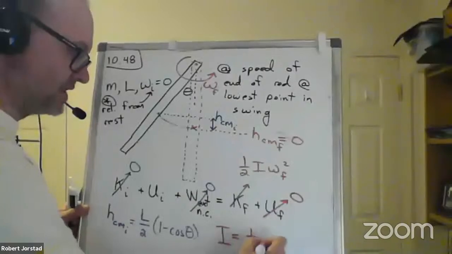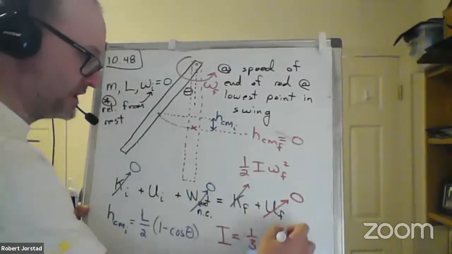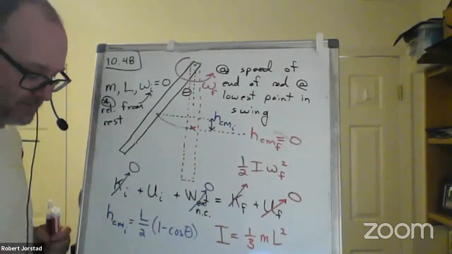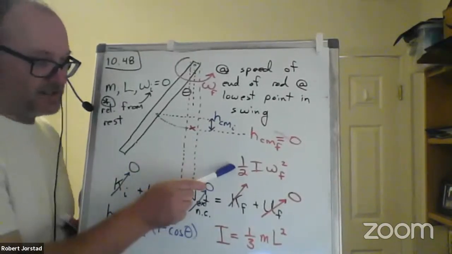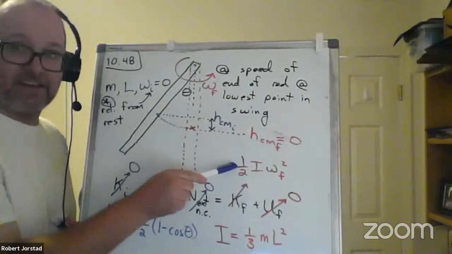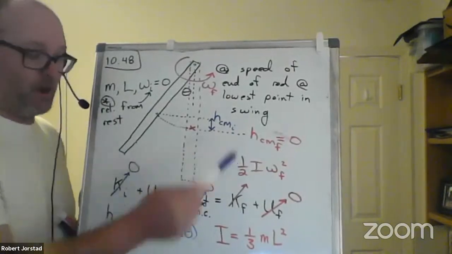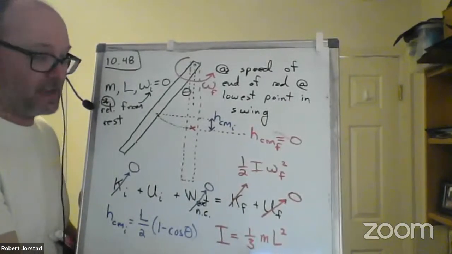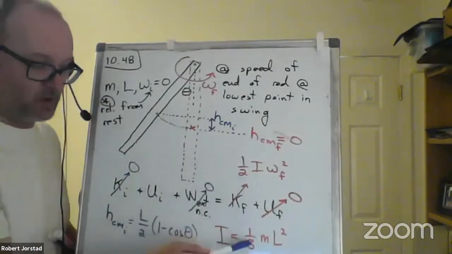Oh, and now I want to point out one of the most commonly screwed up things on test days. Okay, here it is right here. The energy equation has a 1/2 in it. The moment of inertia usually has another fraction in it. So don't forget, you usually have 1/2 times 1/3.